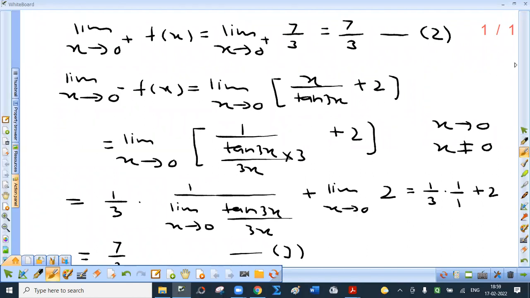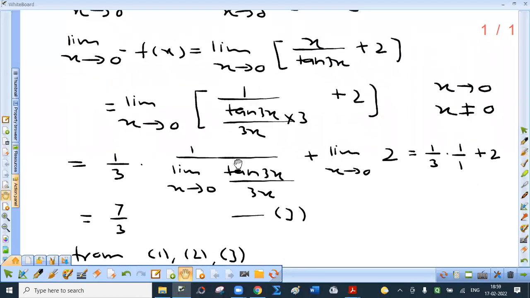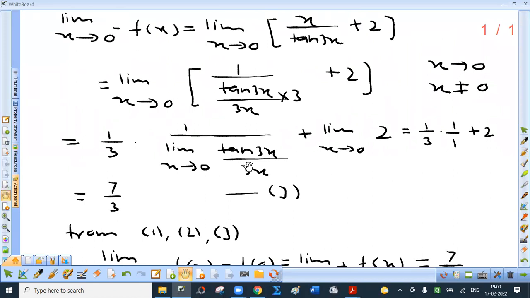Again, we could have added one more step, in the sense, in the numerator, instead of writing 1, we can write limit x tends to 0 of 1 and then in the next step 1. But here I have directly taken the limit. What about the limit of the denominator? It is 1, standard limit. The angle is in radian, the angle tends to 0 and is fully repeated in the denominator. So this 1 by 3 is outside the limit being constant. So 1 by 3 into 1 upon 1 plus 2.